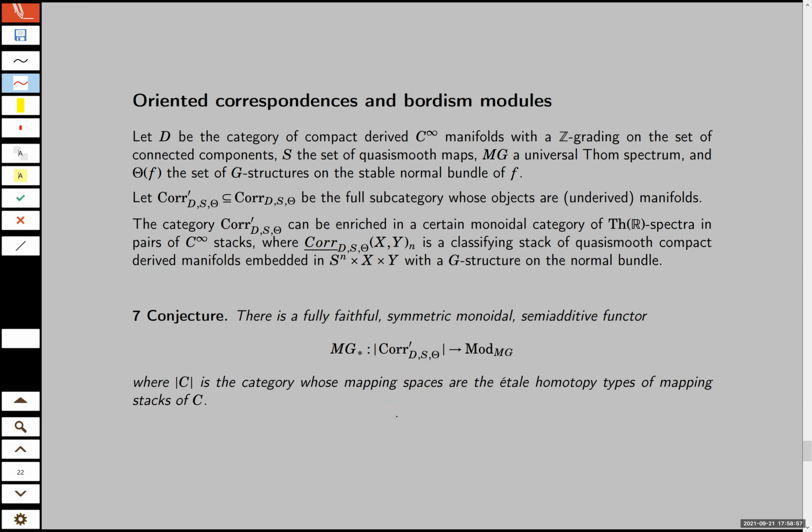one can study a category whose objects are smooth manifolds and whose maps are correspondences between two smooth manifolds, where the kernel is a compact quasi-smooth derived manifold plus a tangential structure, and the tangential structure gives you a fundamental class inside Bordism theory.